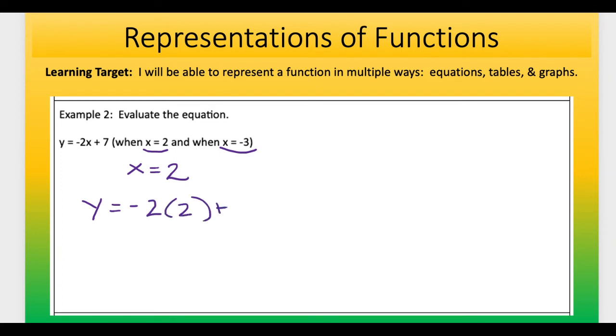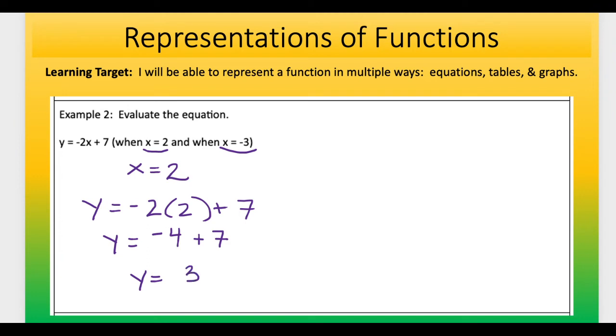So we have -2 times 2 plus 7. I know that multiplication comes before addition, so -2 times 2 is -4. And then when I add the -4 and the 7 together, I get y is equal to +3.